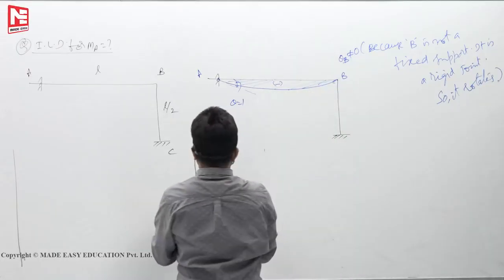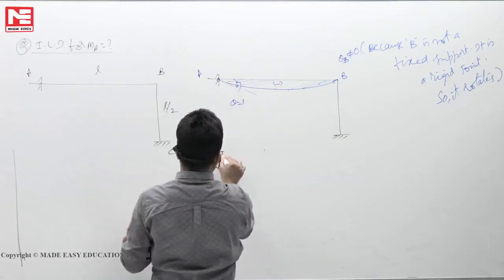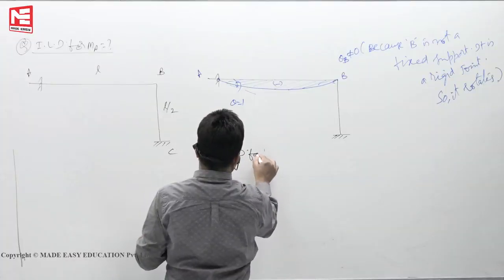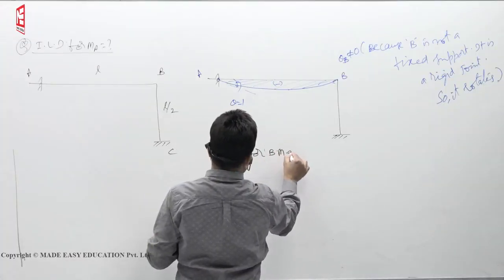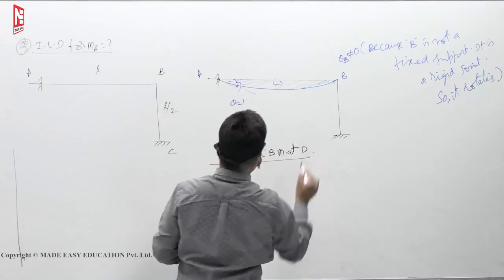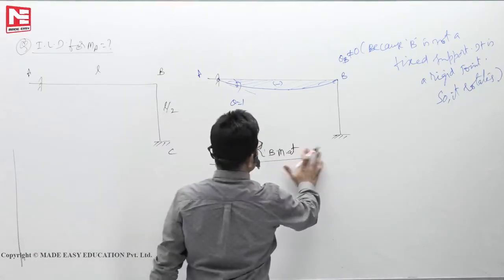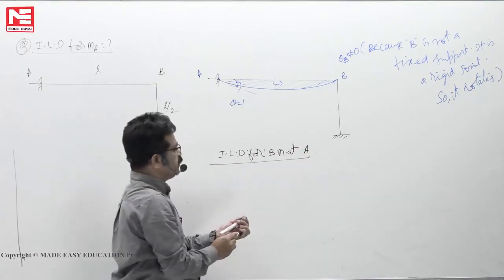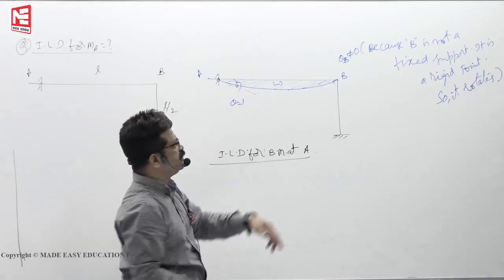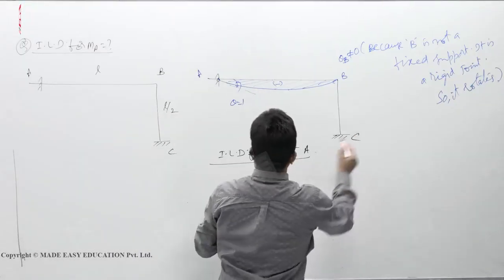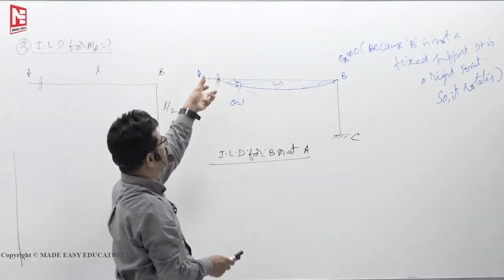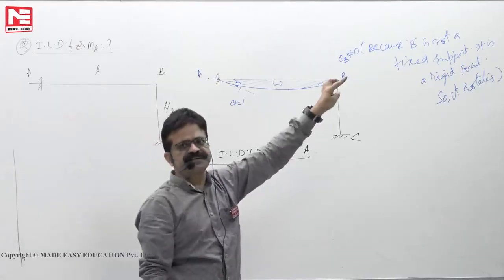This is ILD for bending moment at D. At A. Process same. Without removing the supports at A, B, C, assume an imaginary hinge at A and apply unit rotation, deflected shape of the beam.